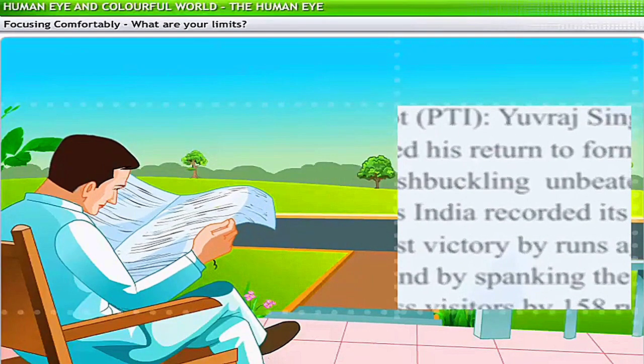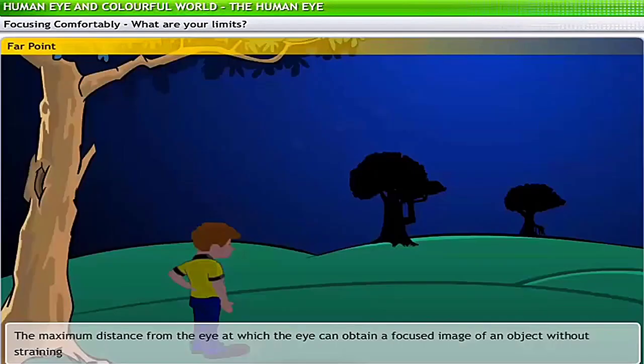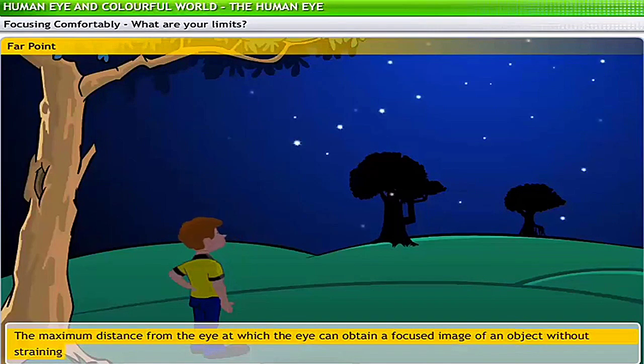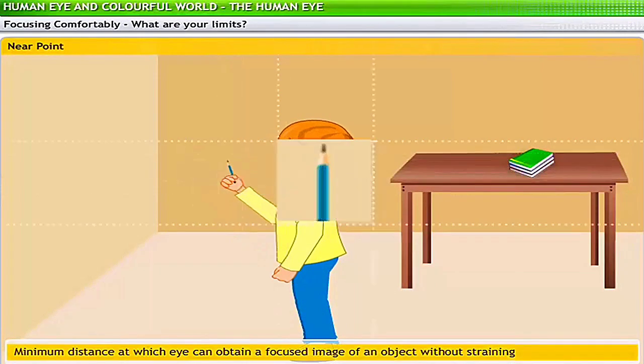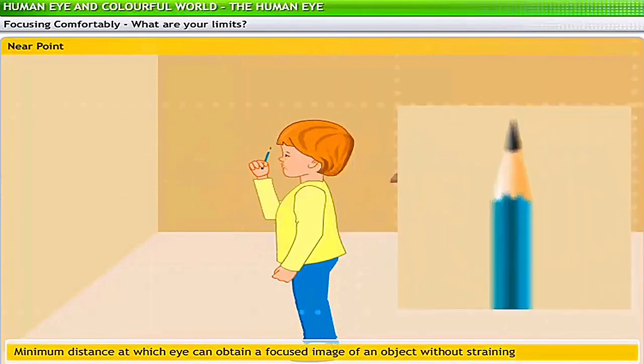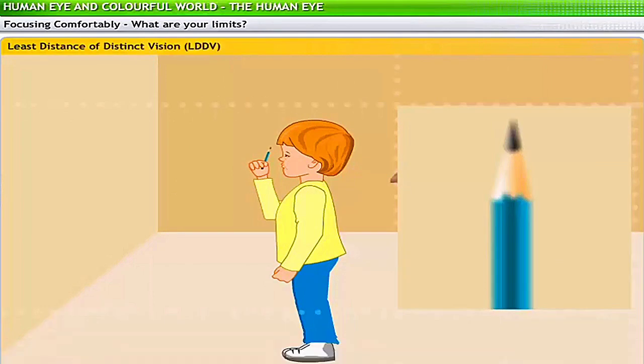We cannot see distinct images of objects that are too far from or too near to our eyes. Far point is the maximum distance from the eye at which the eye can obtain a focused image of an object without straining. Similarly, near point is the minimum distance at which eye can obtain a focused image of an object without straining.